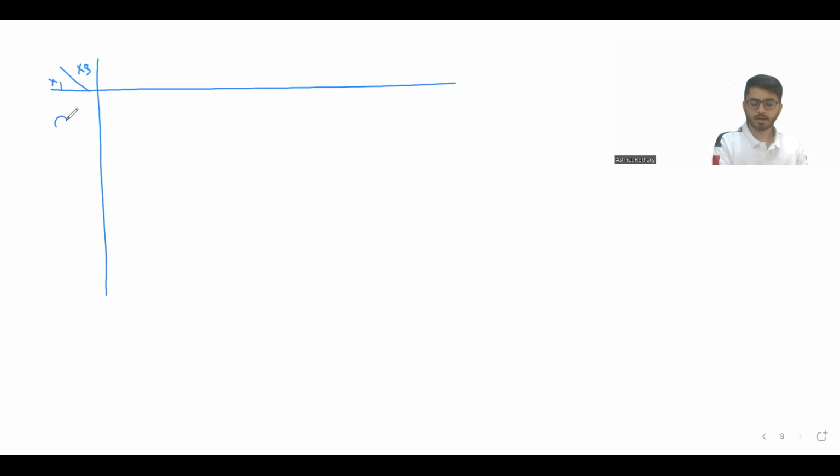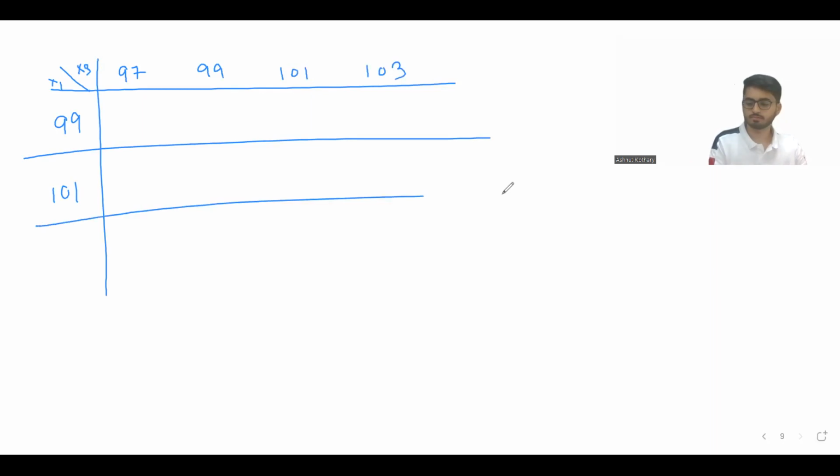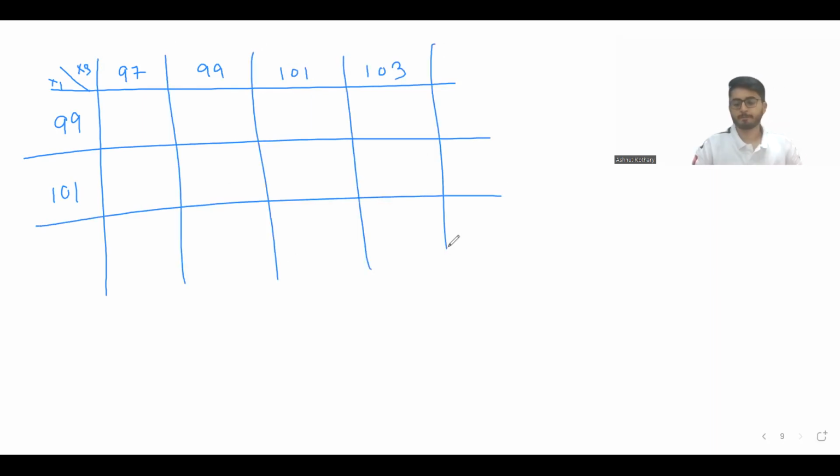X1 can take the value either 99 or 101, and X3 can take the value 97, 99, 101, 103. So now this element is nothing but probability X1 equal to 99 and X3 equal to 97.